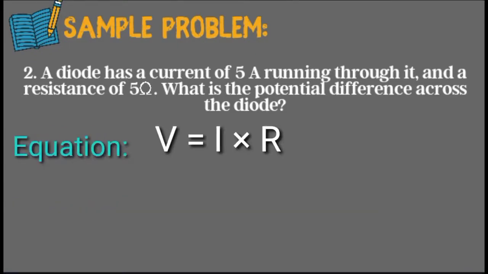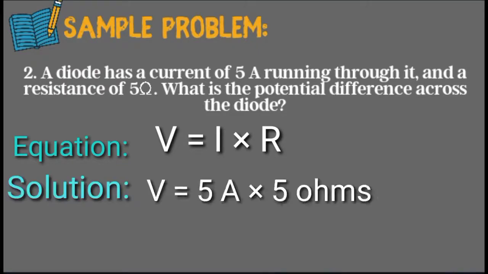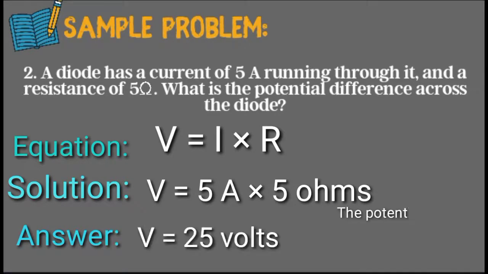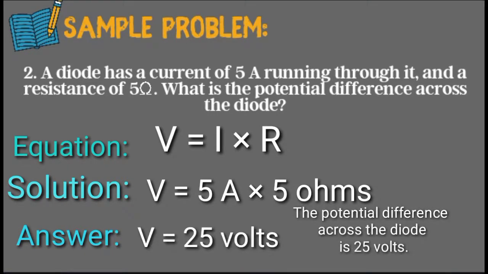Our equation, V equals I times R. For our solution, substitute I to 5 A times R, 5 ohms. 5 times 5 equals 25. Our answer, V equals 25 volts. The potential difference across the diode is 25 volts.